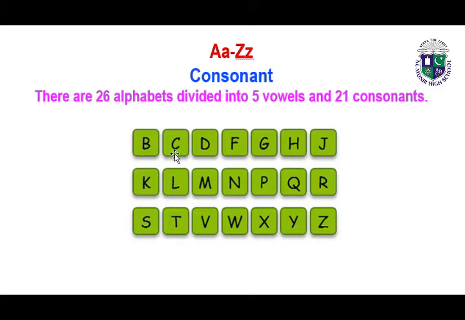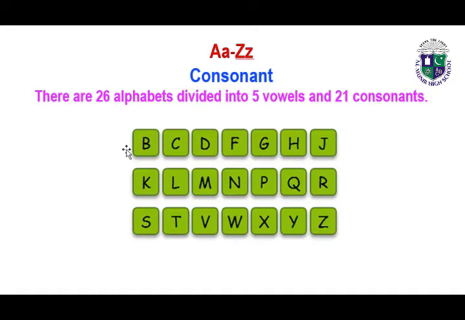B, C, D, F, G, H, J, K, L, M, N, P, Q, R, S, T, V, W, X, Y, Z. You can see these are 21 alphabets, and these alphabets are called consonants.